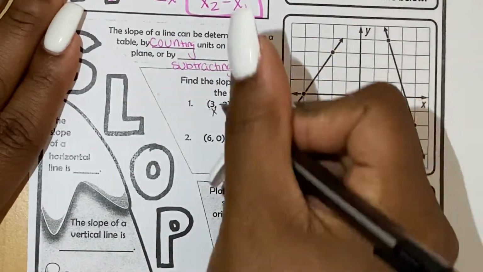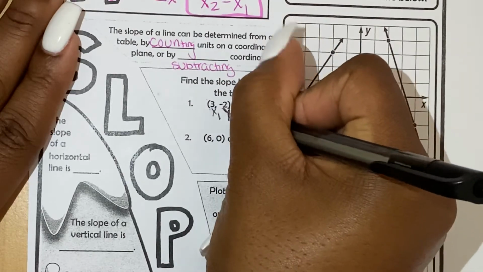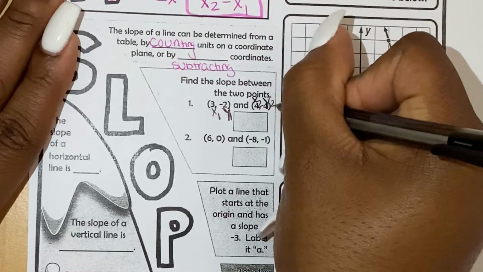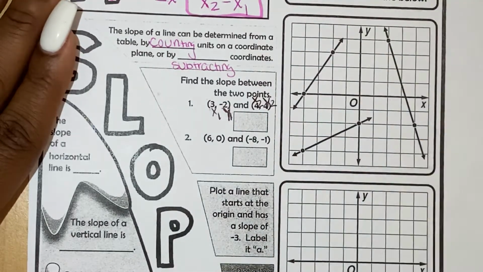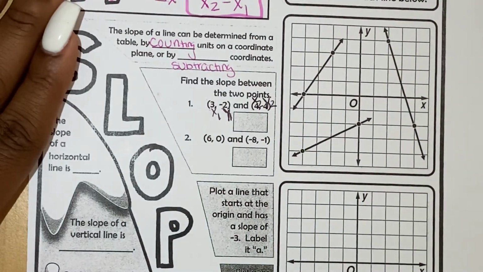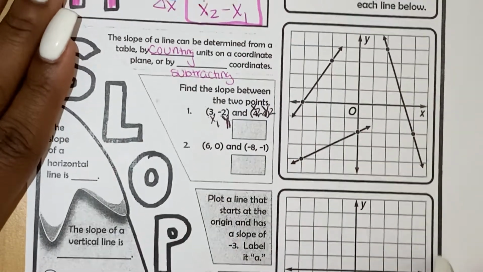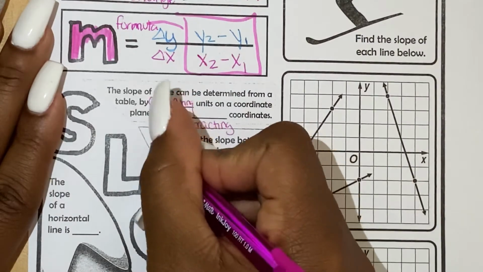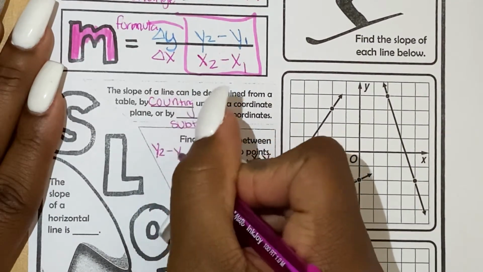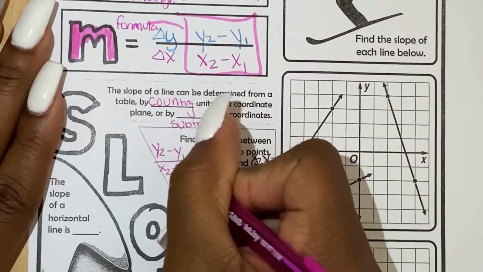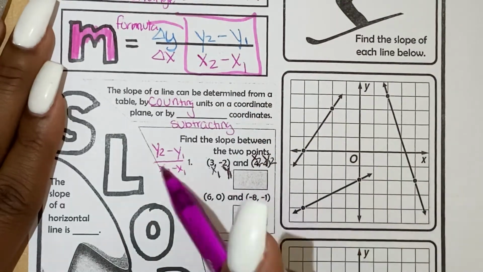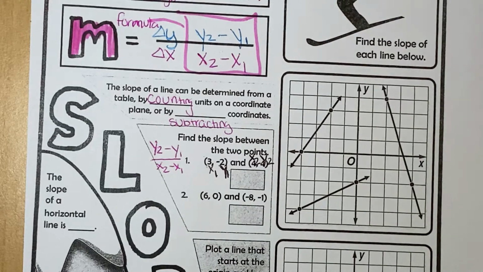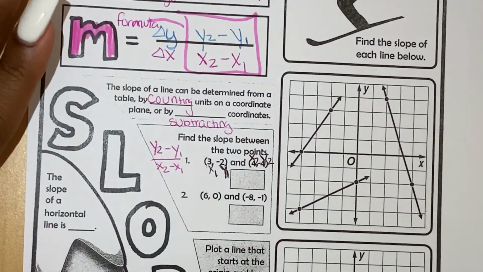Since I have two of them, I want to name them X1, Y1, X2, and Y2. Okay? When I'm finding the slope from 2 points, I need to use that slope formula: Y2 minus Y1 over X2 minus X1. After I label these points, I need to plug them into this formula so that we can see what our slope would be, okay?